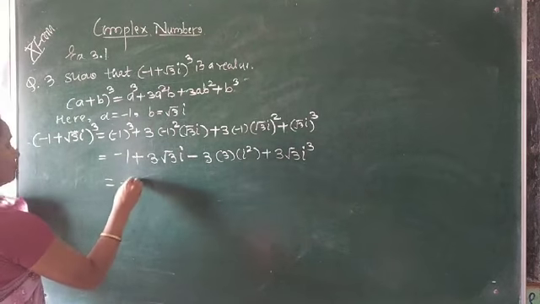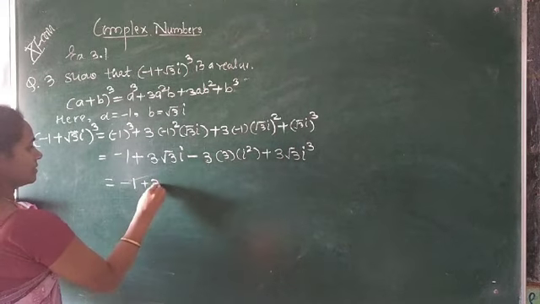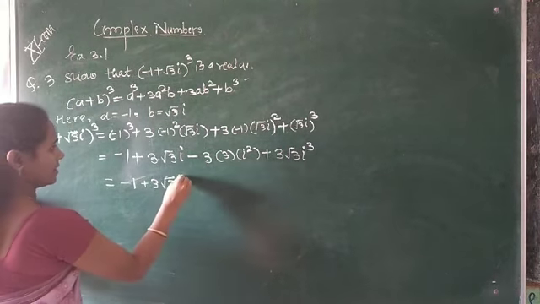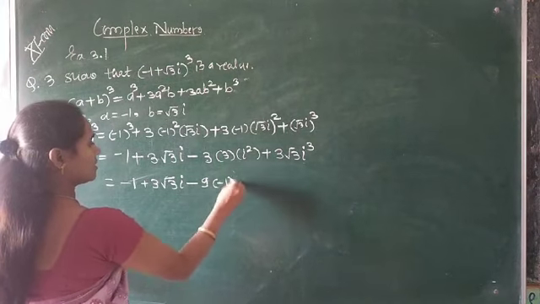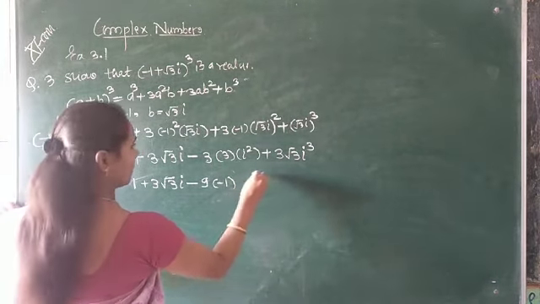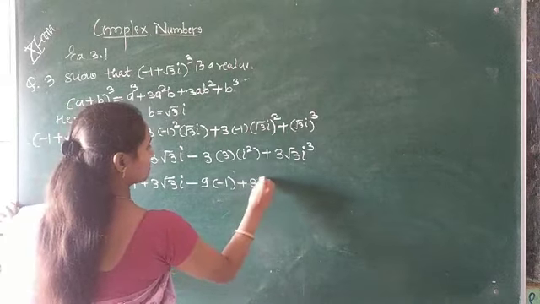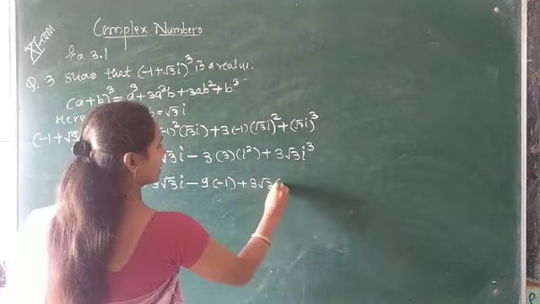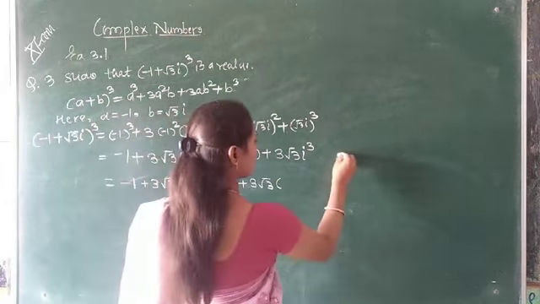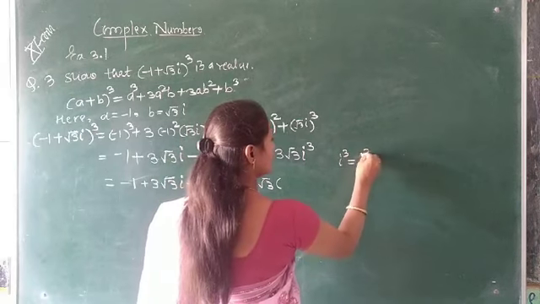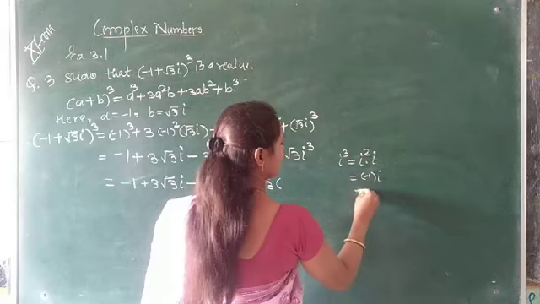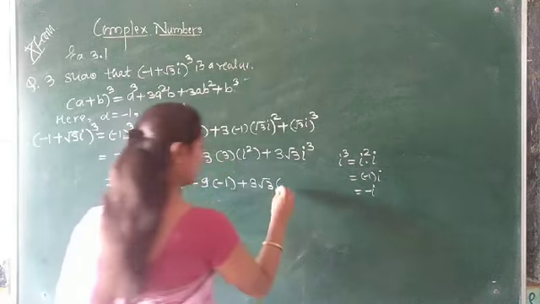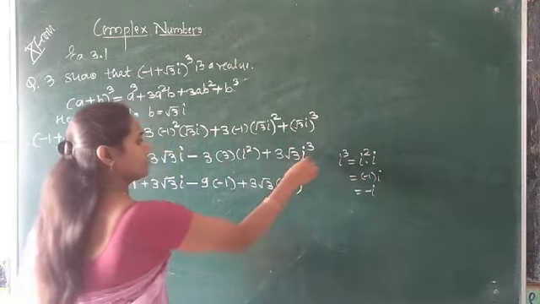This is equal to minus 1 plus 3 root 3i minus 3 into 3, 9. The value of i square is minus 1, plus 3 root 3, the value of i cube. How to find i cube? That means i square into i. The value of i square is minus 1 into i, that is minus i. The value of i cube is minus i.